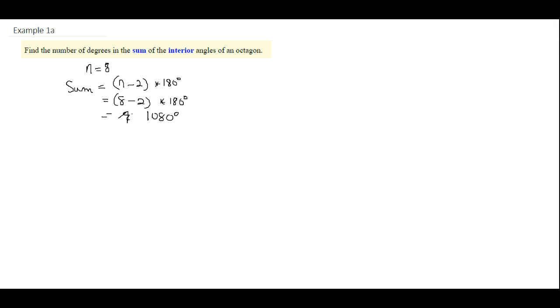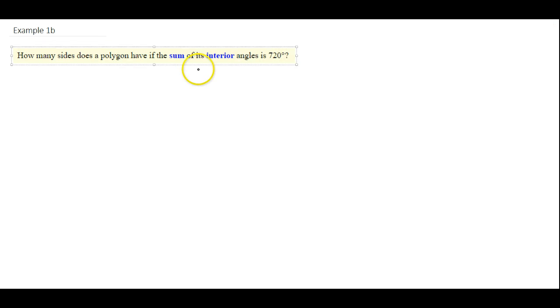Let's go on to another example. Example 1b. Now this is working backwards. This says, how many sides does a polygon have if the sum of its interior angles is 720 degrees? So remember, the sum is equal to n minus 2 times 180.